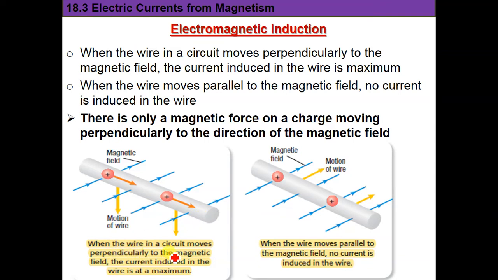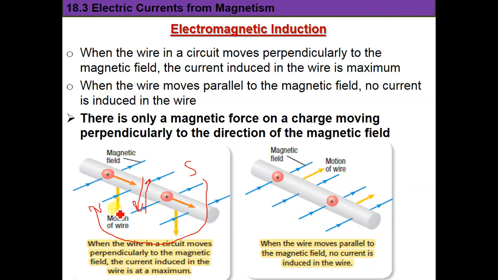When the wire in a circuit moves perpendicularly to the magnetic field, let's say here is north and here is south, so the horseshoe magnet goes from here to here. The field lines, the blue lines, go from north to south like this. And you are moving the wire in and out, keeping the magnet at rest.